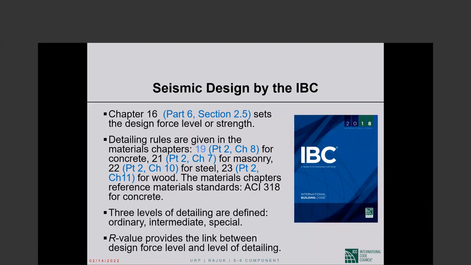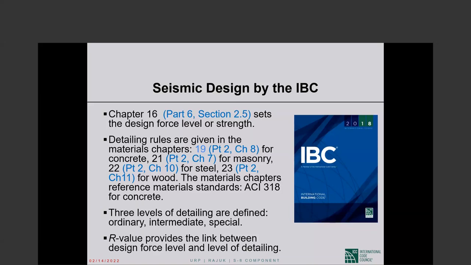Okay, so that's where the detailing requirements are for the various materials, and those chapters reference material standards. Part 6, Chapter 8 references ACI 318-08. So for concrete, the reference is definitely ACI 318-08.